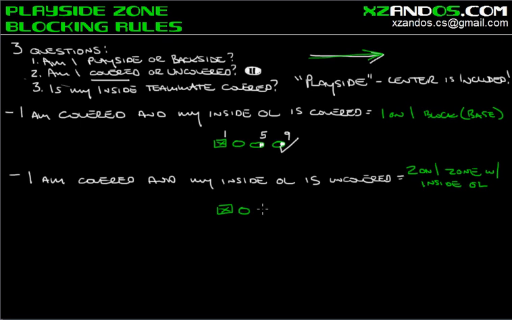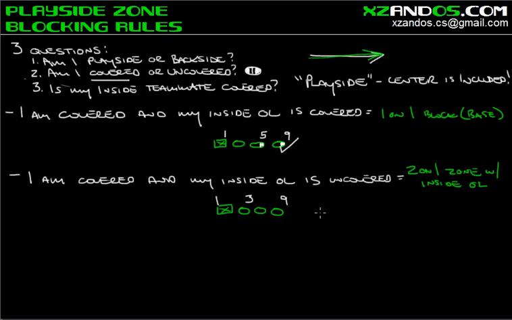Center, guard, tackle, tight end, playside, and let's draw some type of 4-3, or some type of over front. So we have a backside 1, a front side 3, and a playside 9.